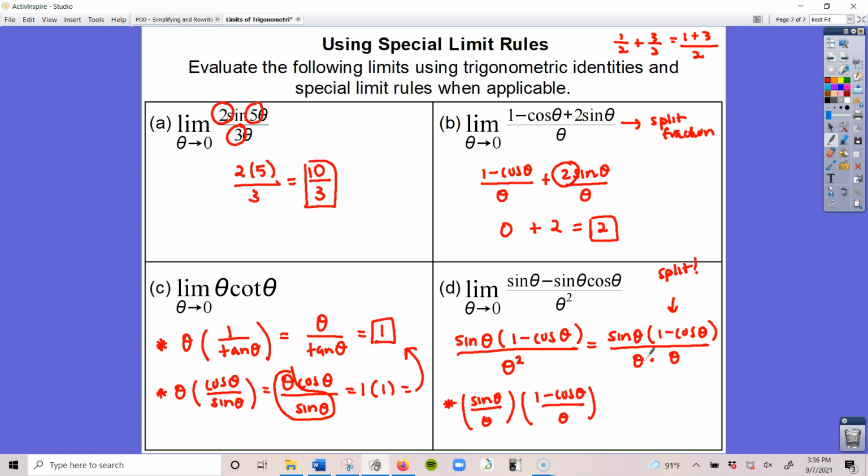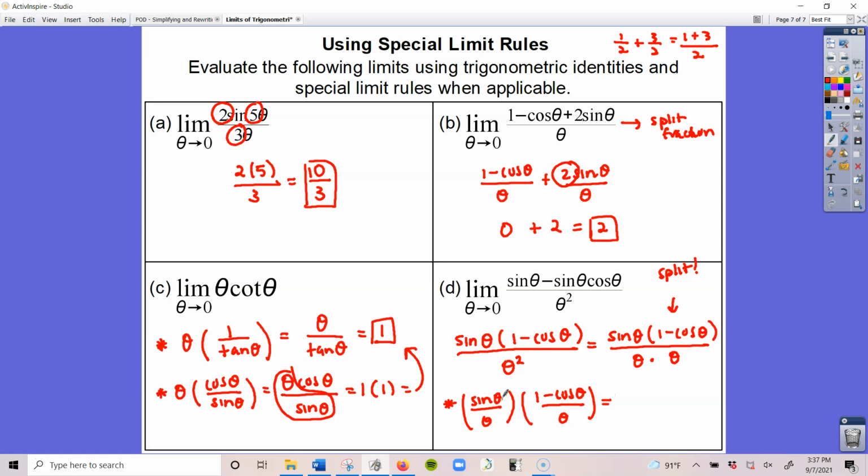See how I had split up the theta squared into two different thetas, and then I split them here. Because when we multiply fractions, we multiply numerator with numerator. So sine theta times 1 minus cosine theta gives me the numerator. And then the denominator would be theta times theta, which gives me that theta squared.